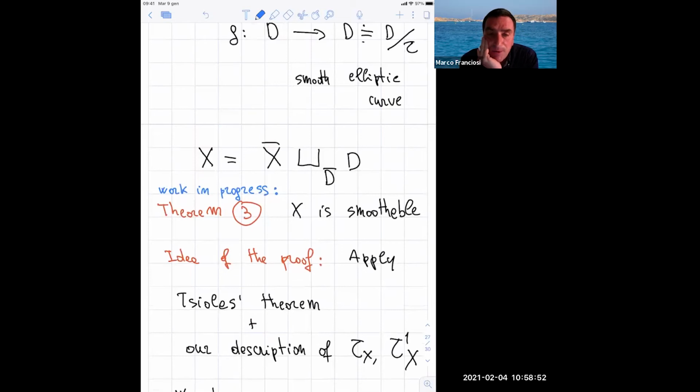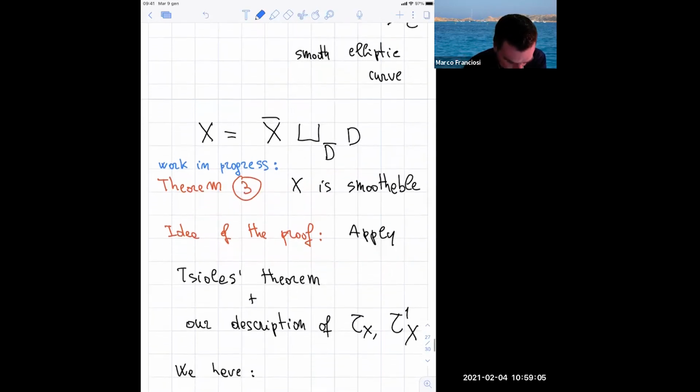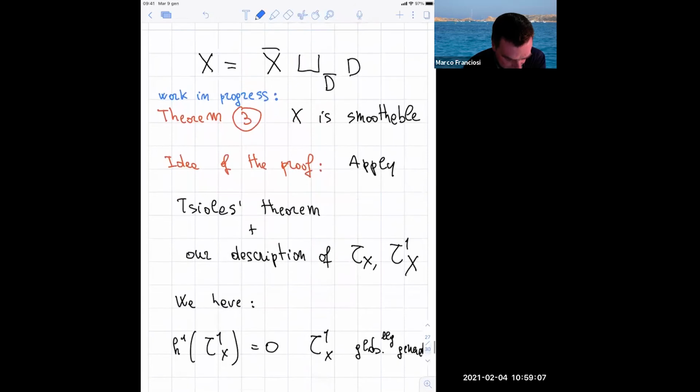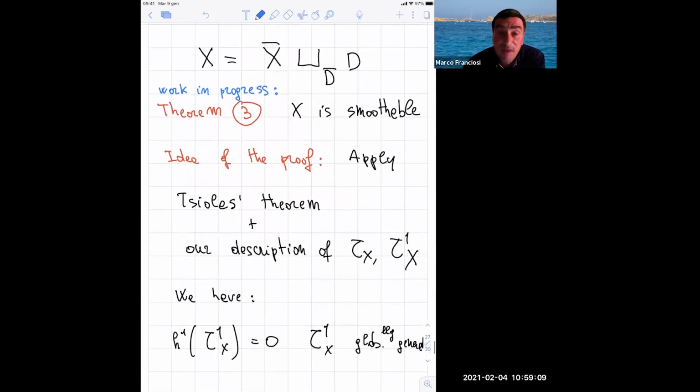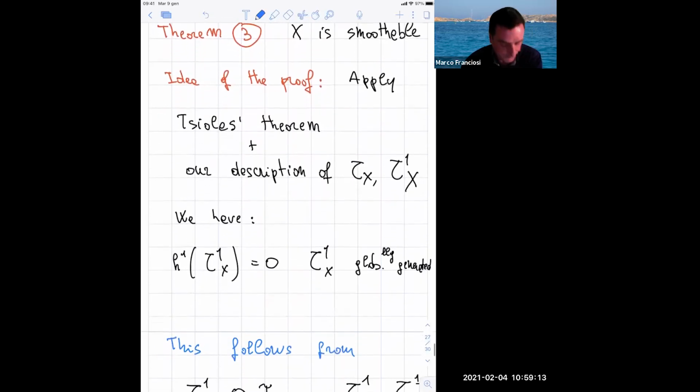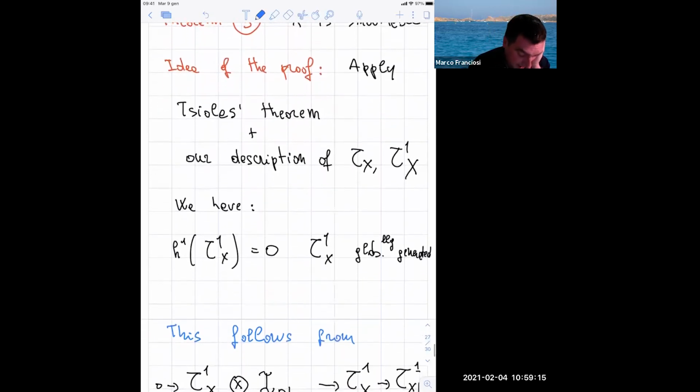And how can we prove it? We can prove it applying Ciola's theorem plus our description of the tangent sheaf and T1 of X. In which way? In the following way. So we have to prove the conditions of Ciola's. First, we need to see H1 of T1X equals 0 and T1X globally generated.